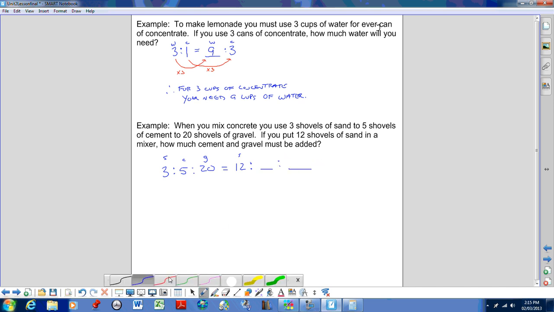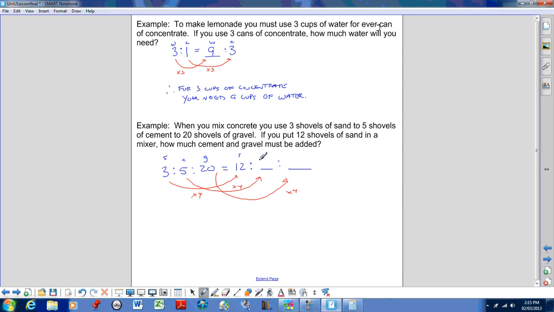So my first step here is to figure out the relationship between the matching components. So I know 3 shovels gives me my base mix. I am now dealing with 12 of sand. So you go to your multiplication chart and you find I had to put 4 times the amount in. So that means I need to put in 4 times the amount of cement and 4 times the amount of gravel.